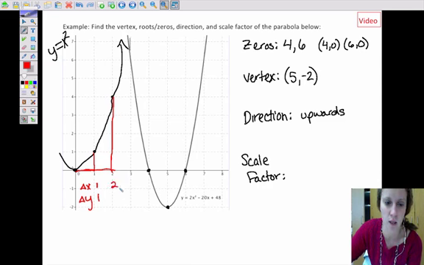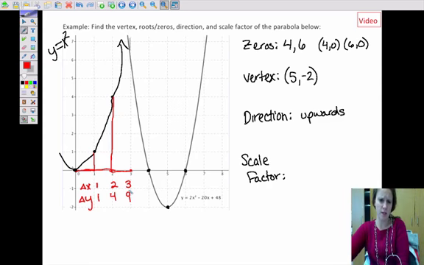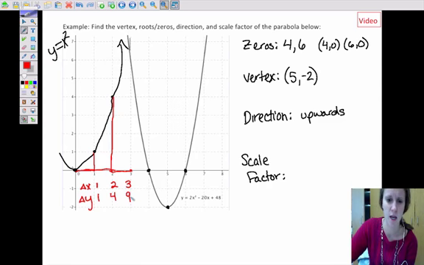So an x change of 2 meant a y change of 4. And we can look and say if we go over 3, we would go up to 9. So we can even go a little step further if we need to, and say a change in 3 is going to be a change in 9.